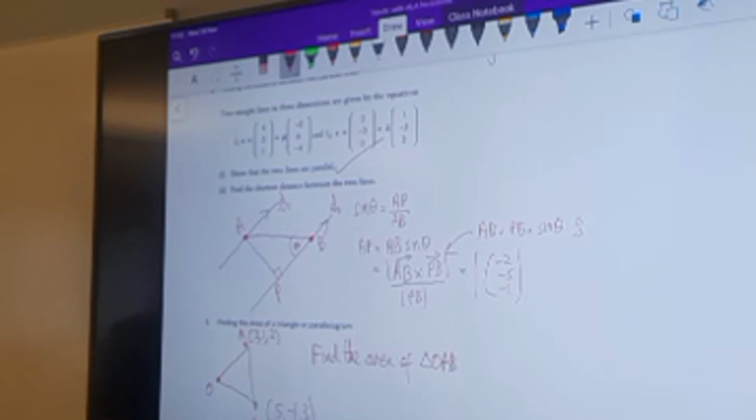What's the direction vector? Or at least a vector in the direction of it: (1, -3). So we do that cross product, find the magnitude of it, and we divide it by the square root of 1 squared plus 3 squared.